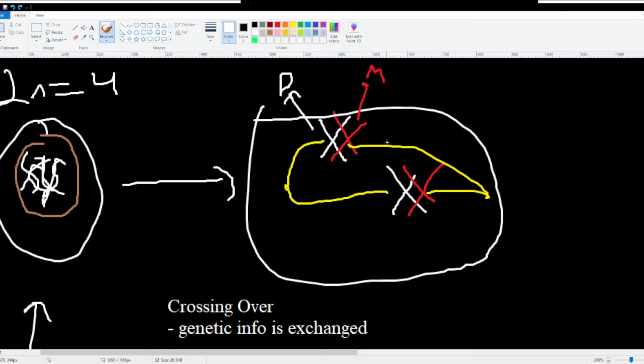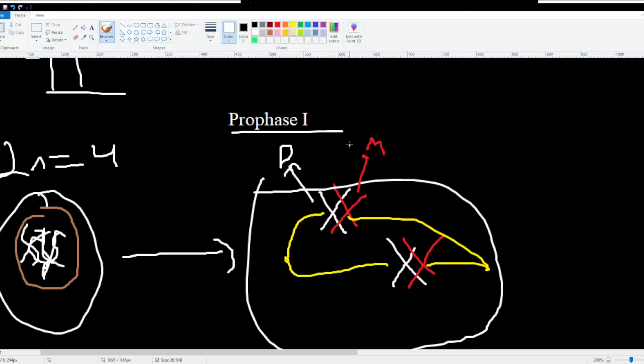It's through this genetic variation that sexual reproduction is so very important, right? The genetic information is being exchanged during crossing over, at each intersection point. So that's something that's very important about meiosis 1, and that's happening during prophase 1.